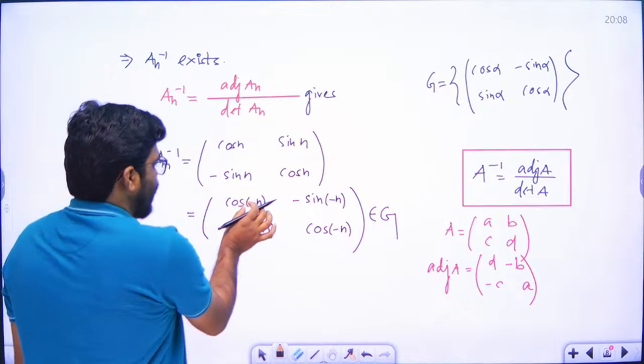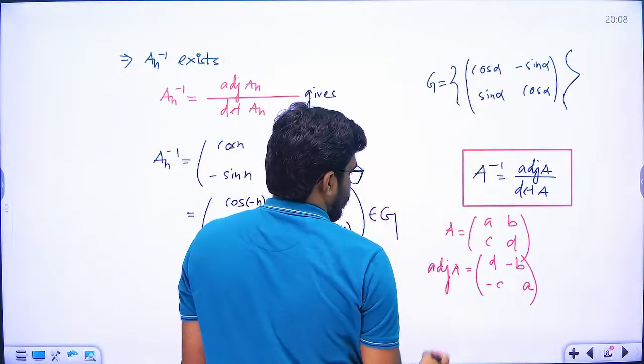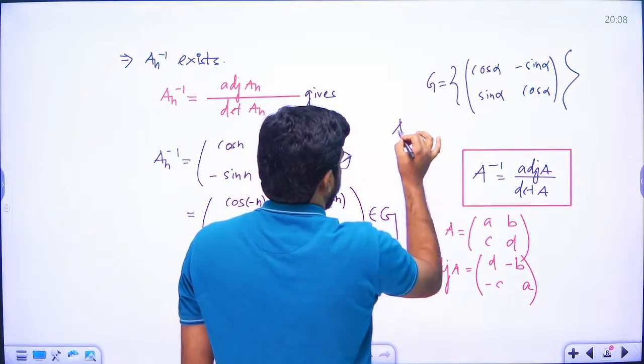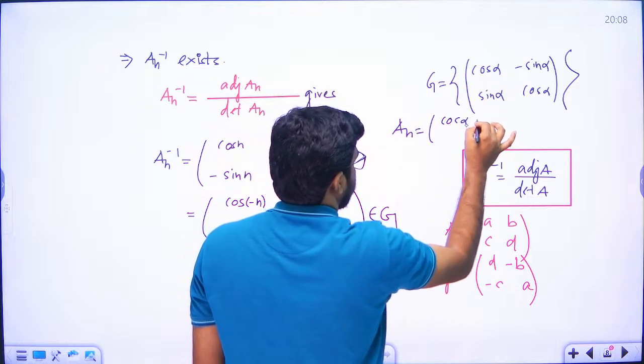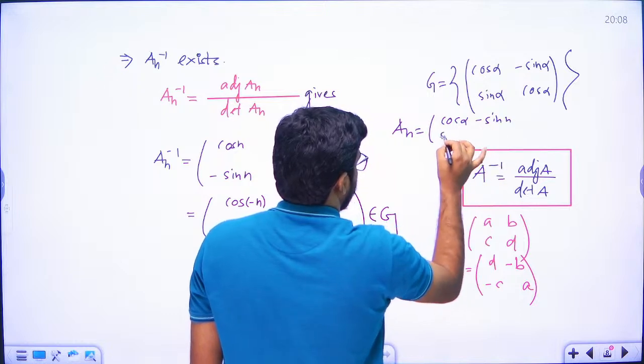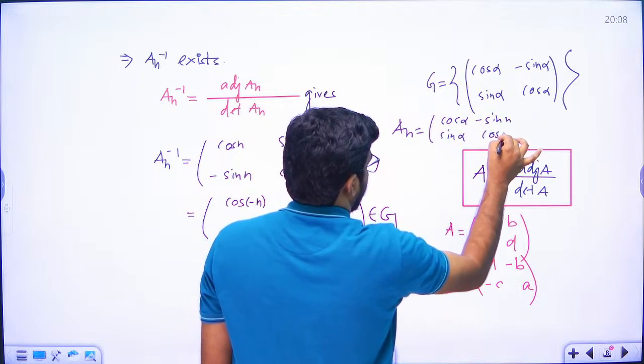So what is an? An is cos n, minus sin n, sin n, cos n.